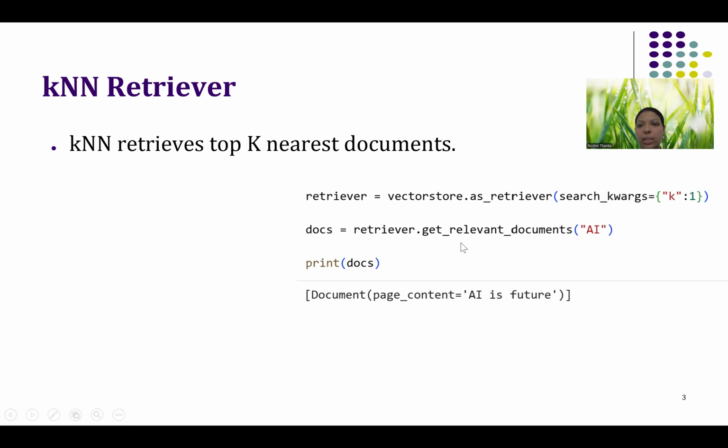It is going to get the relevant information with one nearest neighbor. Since I gave the K value as 1, it is going to take only one nearest neighbor, so when we print it, I will get only one. If I asked for 3, it will give 3 nearest neighbor values relevant to AI. So this is what K is in a retriever.